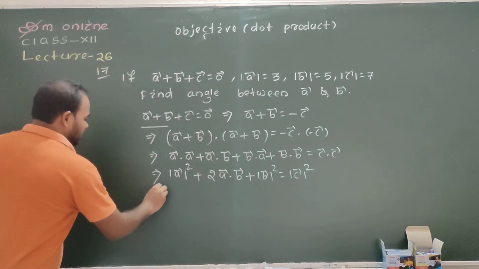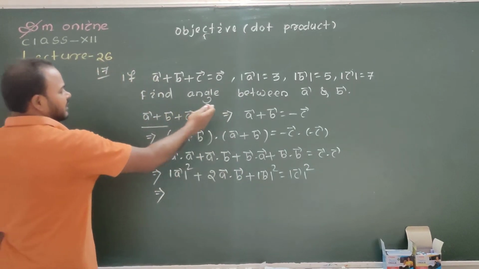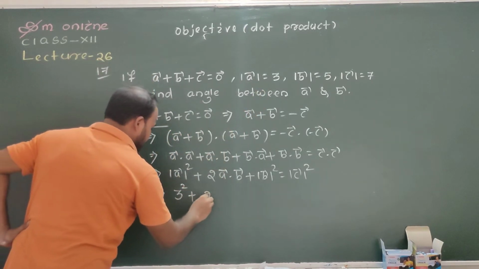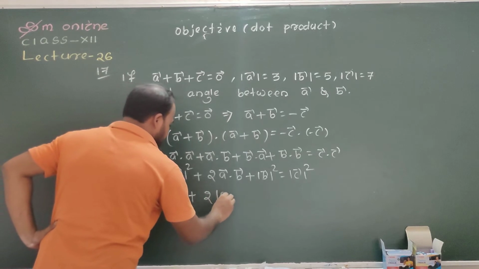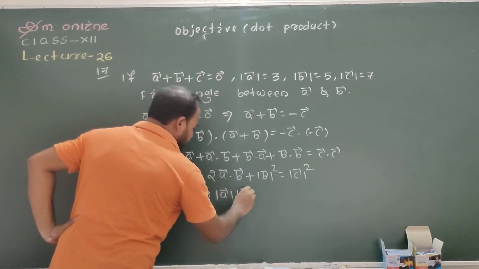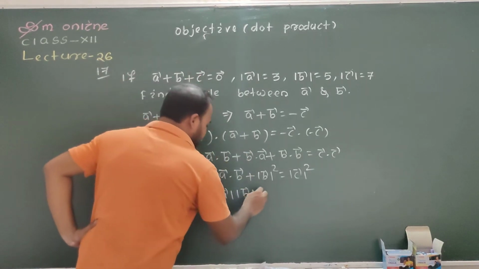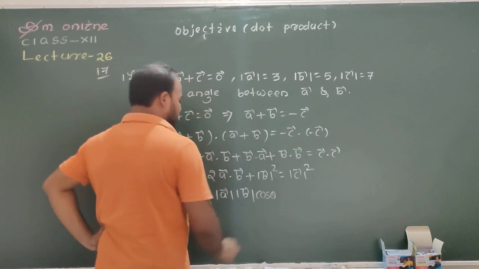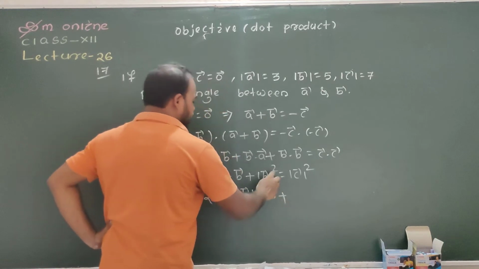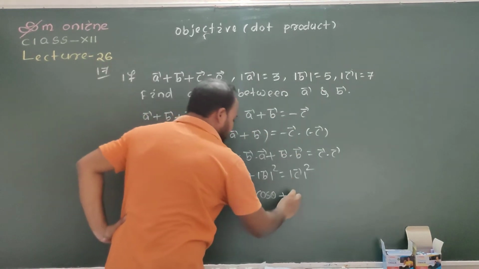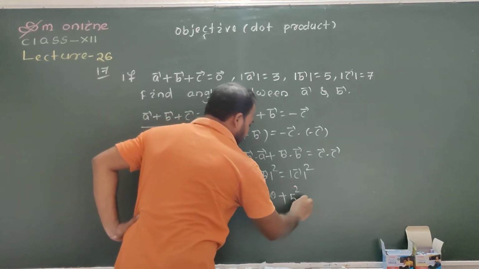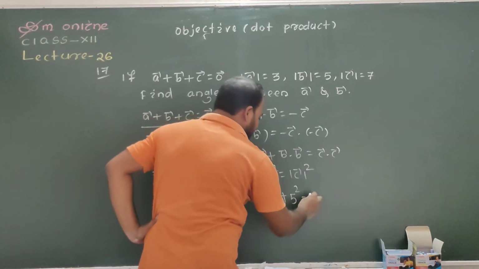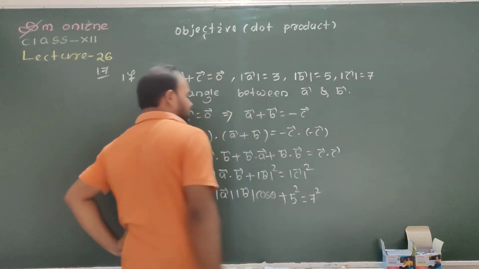Now magnitude of vector A is 3, so 3 square plus 2 into magnitude of A into magnitude of B into cos theta, where theta is the angle between them, plus magnitude of vector B, that is 5 square, equal to magnitude of vector C square, that is 7 square.